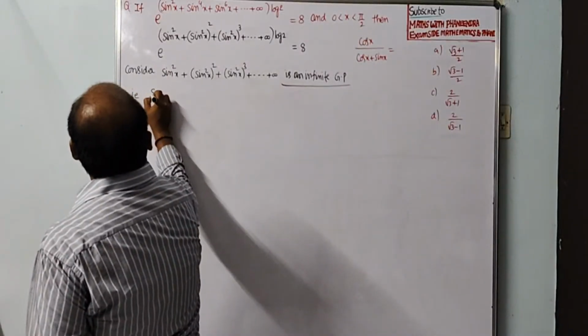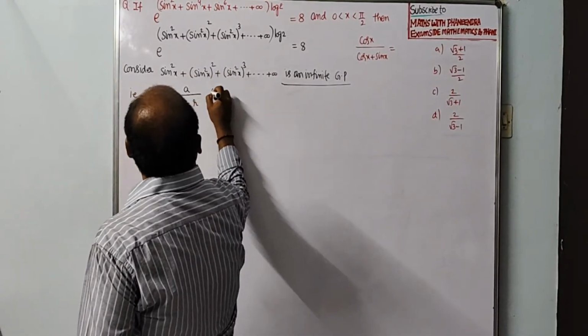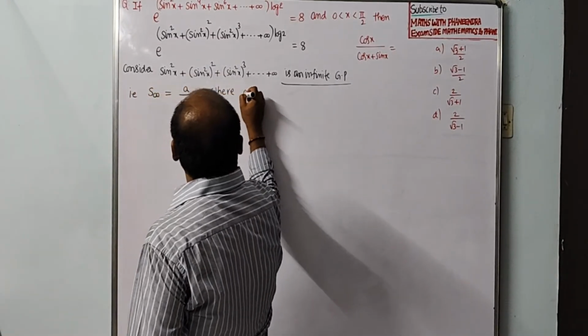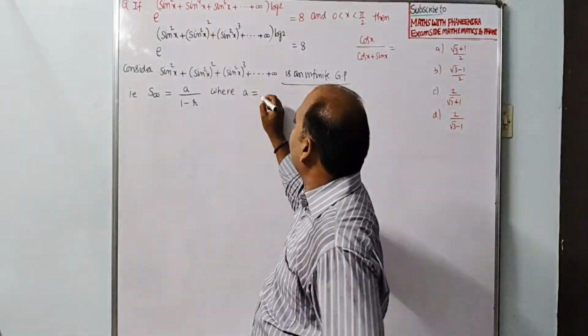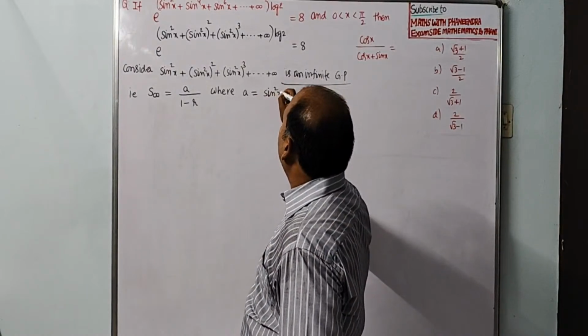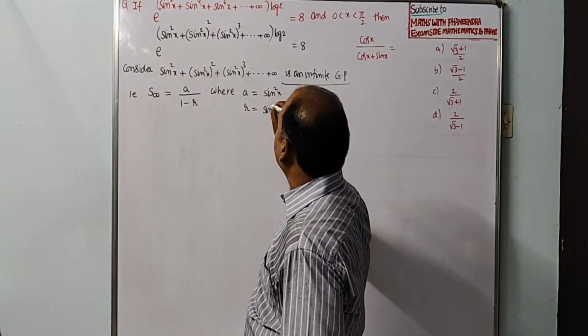What is the formula for an infinite GP? S infinity equals A by 1 minus R, where A is the first term. According to the series, the first term is sin square x, and the common ratio, T2 by T1, is sin square x.